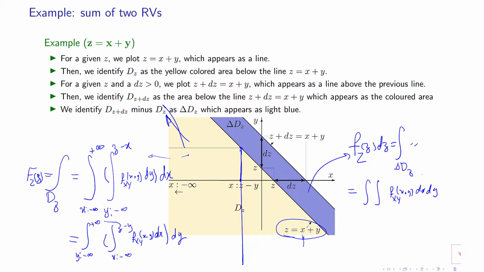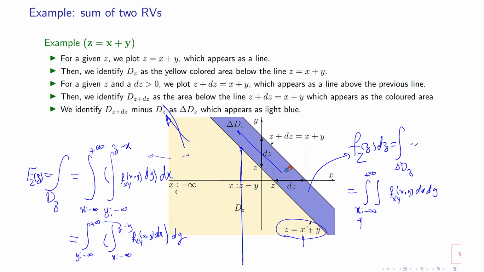Now let's see how we could determine these boundaries. If you're dancing in this blue area, and I put x as the outer integral, x varies from what to what? If you go toward this direction, your x coordinate becomes minus infinity, but if you go toward this direction, x becomes plus infinity. So the ultimate range of variation for x is from minus infinity to plus infinity.